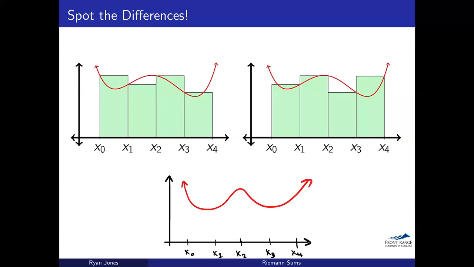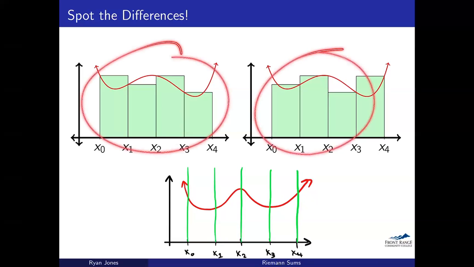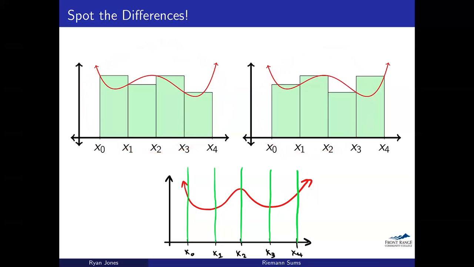So what I could do is say, all right, here are my imaginary walls. Let's just let these go up. I'll erase all the extra later. But instead of doing a left or a right, I'm going to do a middle, what we're going to call a midpoint.